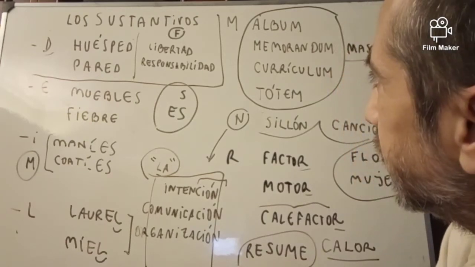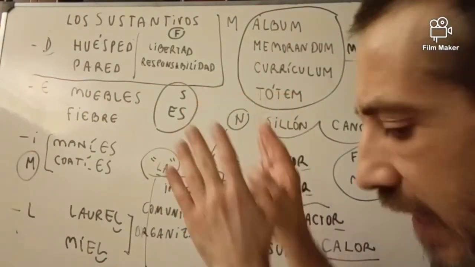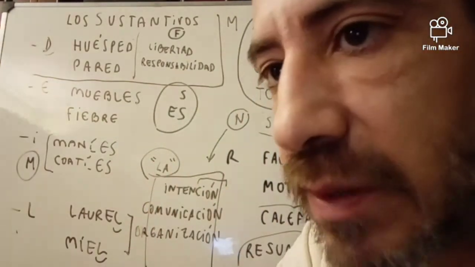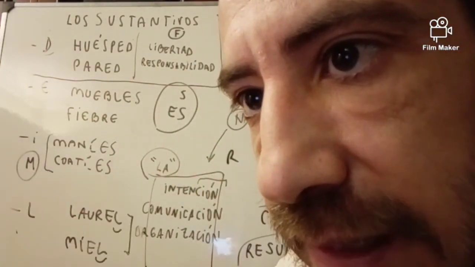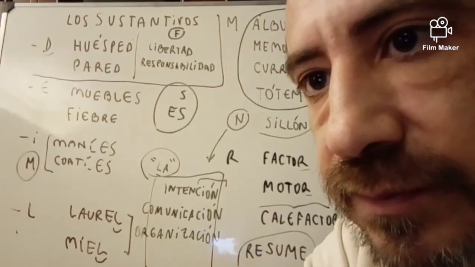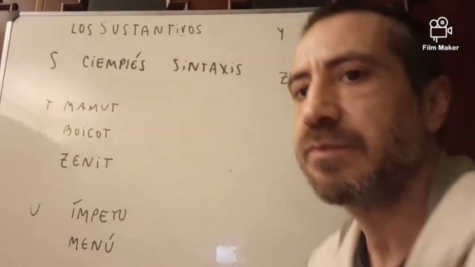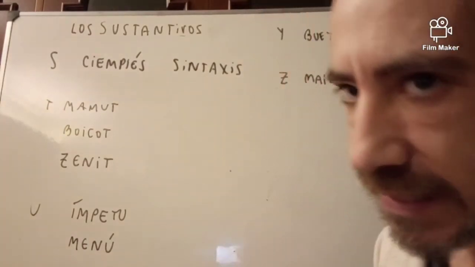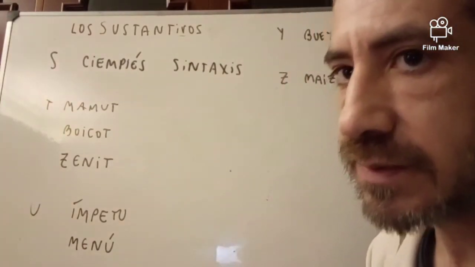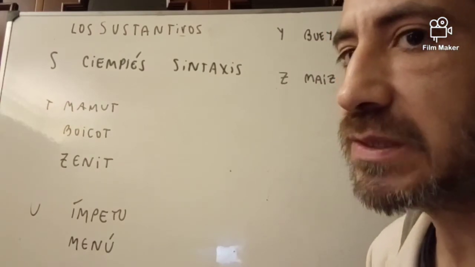Let's see, I have to explain, and there are more consonant endings. So I'm going to erase this. Well, now we are getting to the final part. Nouns ending with s, with the s sound.